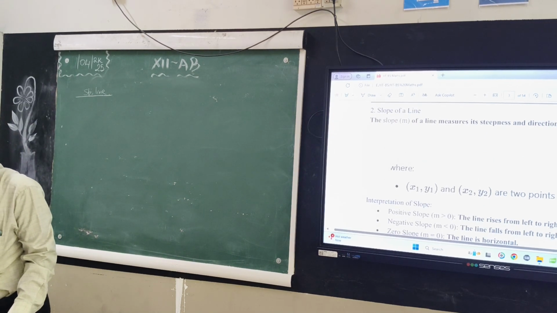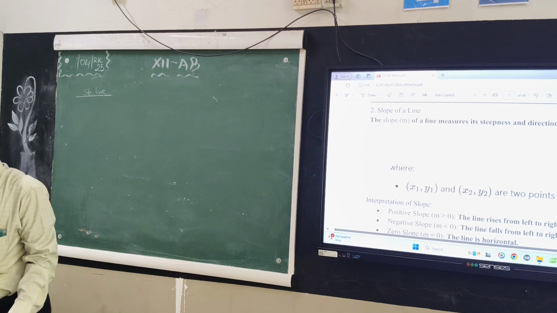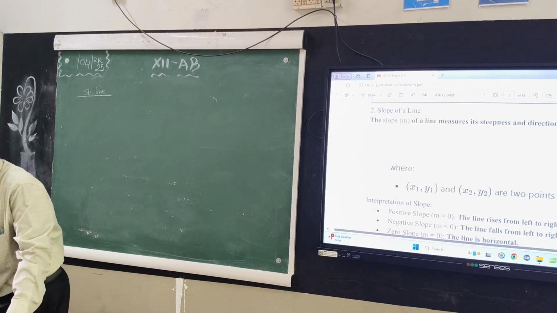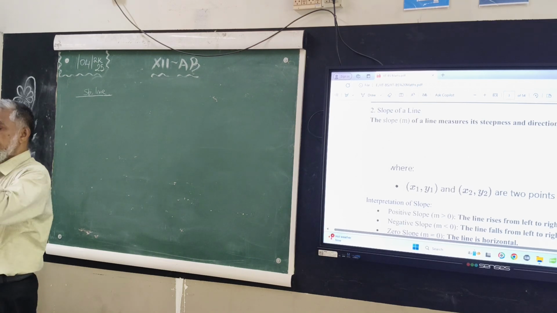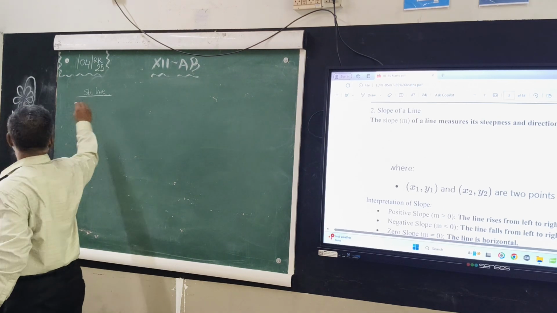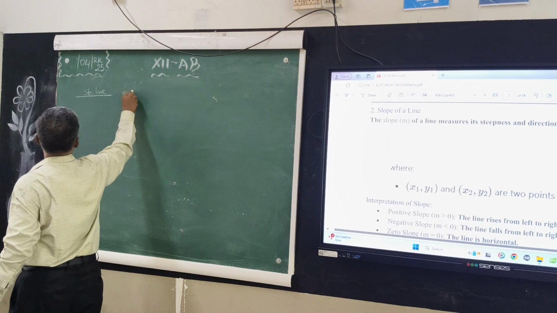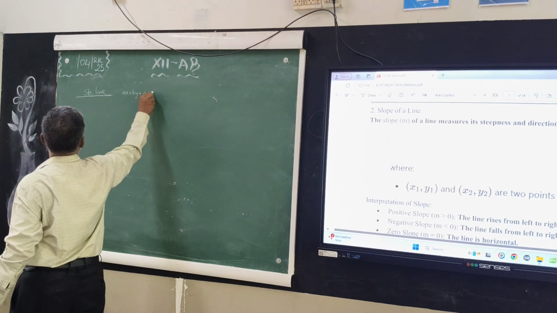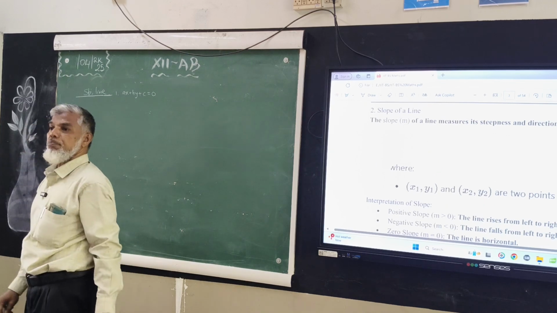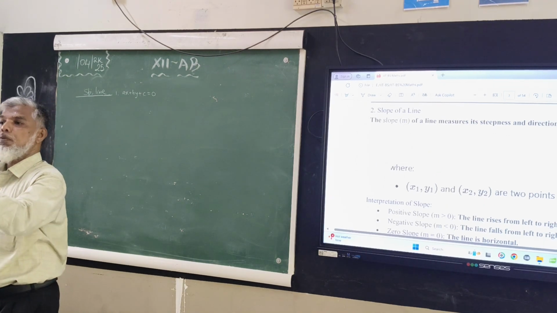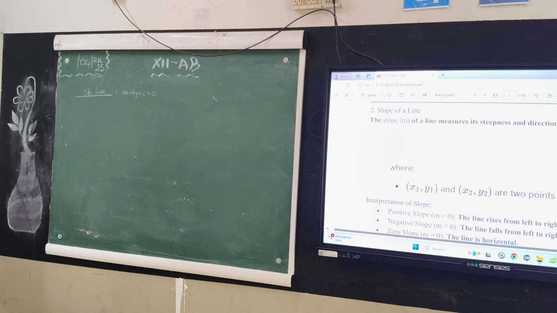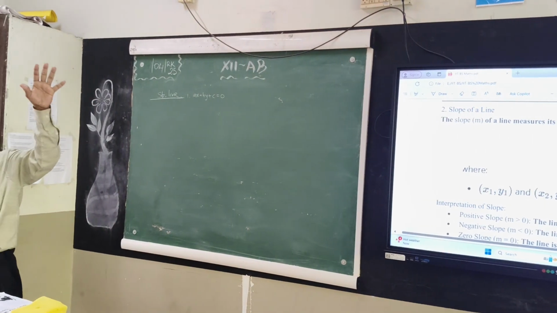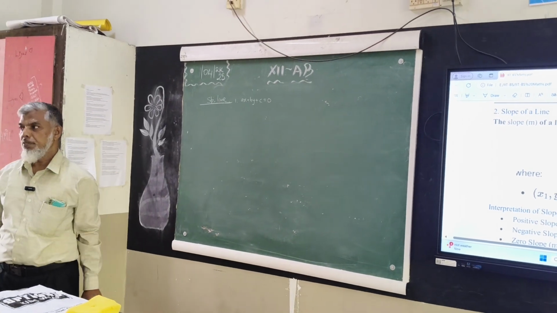Y equal to mx plus c. Actually, the general equation of a line is ax plus by plus c equal to 0. This is the general form. Coefficient of x multiplied by some constant, plus coefficient of y multiplied by some constant, plus some constant equal to 0 represents the equation of a straight line.